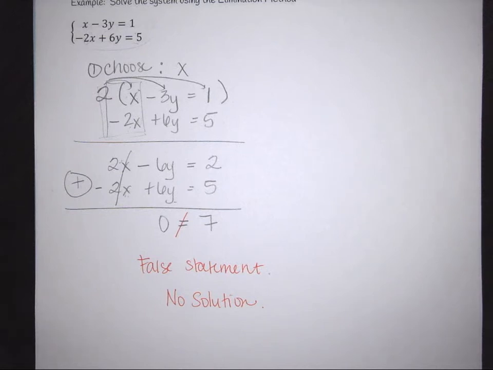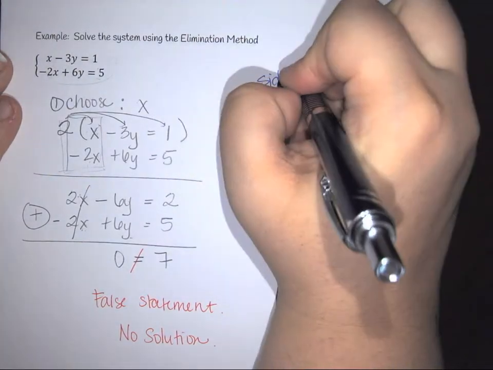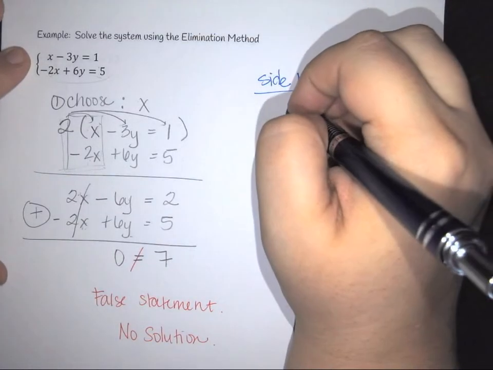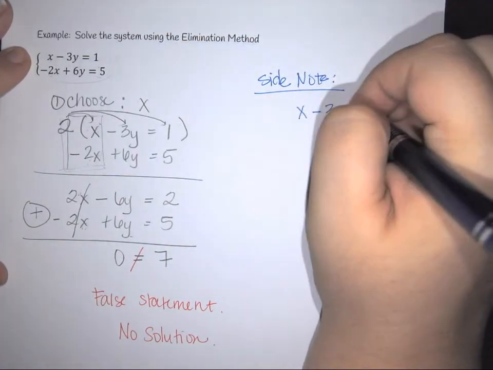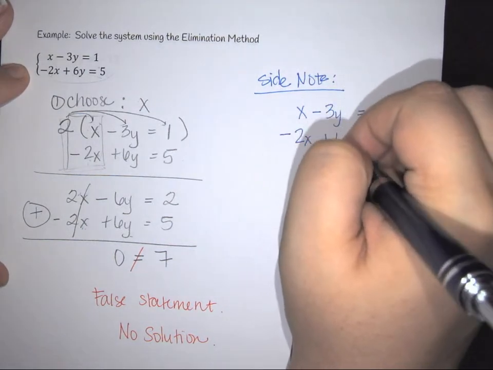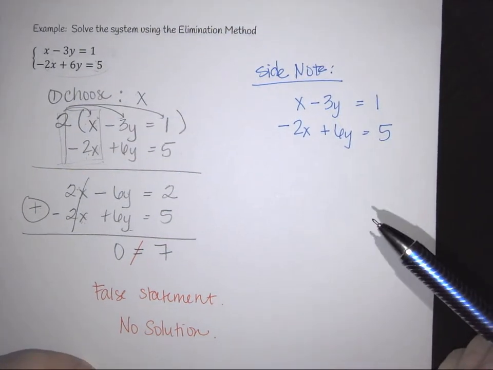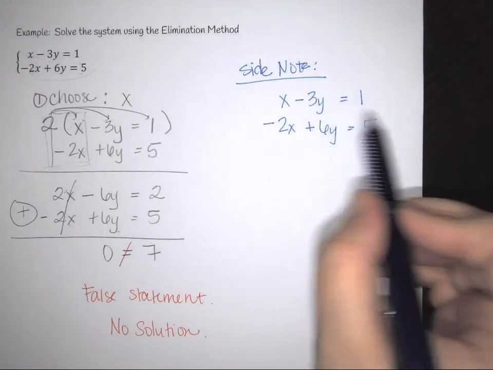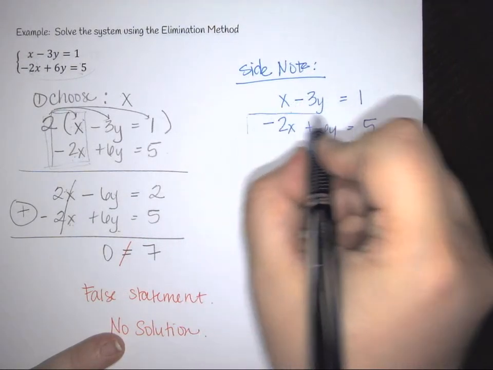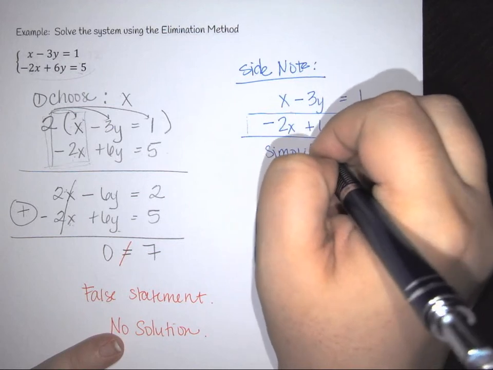Now, as a side note, take a look at these equations. x minus 3y equals 1, negative 2x plus 6y equals 5. If we look closely at them, notice this top equation is already simplified, but this bottom one we could simplify.